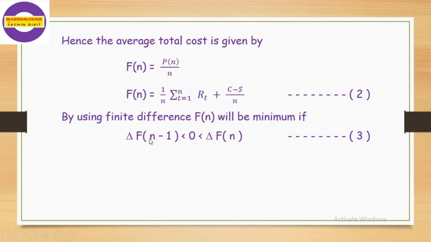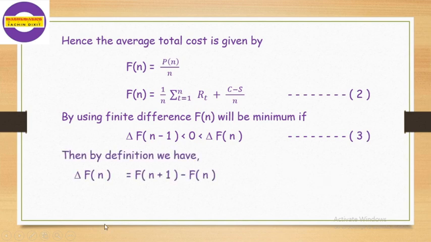First we take this part, 0 is less than del f(n), and then we consider del f(n minus 1) less than 0, and then lastly we combine these two results. We go one by one. Then by definition we have del f(n) equals f(n plus 1) minus f(n).